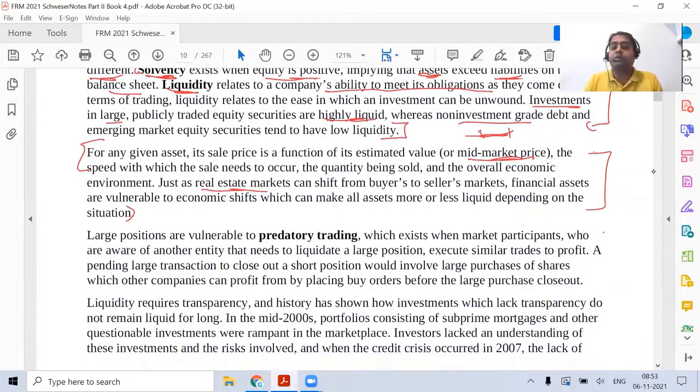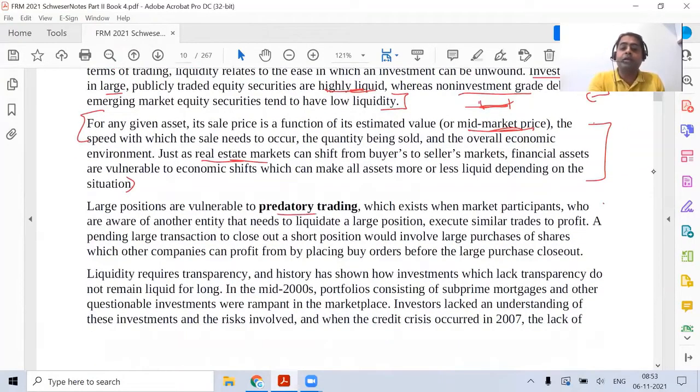There is an important concept over here, which is called predatory trading. This happens with a lot of big entities. For example, if I have a lot of assets and I want to sell and exit, other players in the market will also start selling so that the price goes down, and I would have to face a huge loss, because by the time I start selling, the prices are already very low.